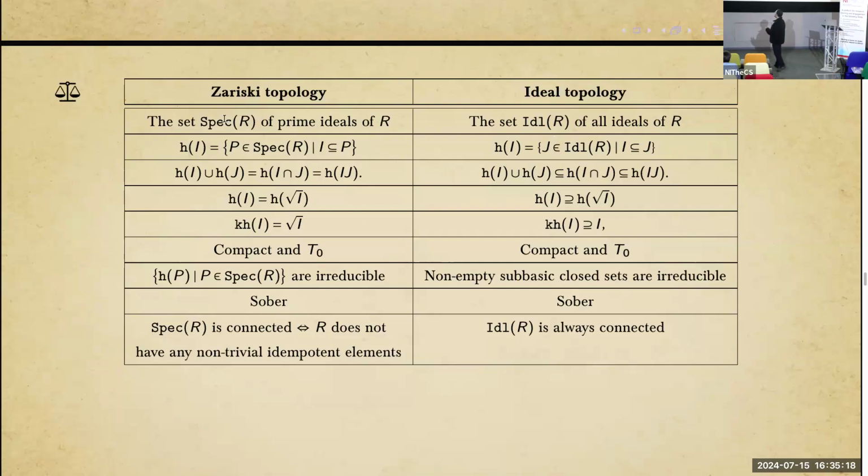Of course, we cannot expect all the nice properties that hold for Zariski to also hold here, but it's good enough for many cases: compact T0 will work, connectedness behaves differently, sobriety holds. Of course, the third point from the top fails because, and that's a crucial point, you have this closeness property, and that's why you don't get the closed sets. So this is a way how you can cover any class of ideals with a compromise of some topological properties which you cannot afford to have in this ideal topology.